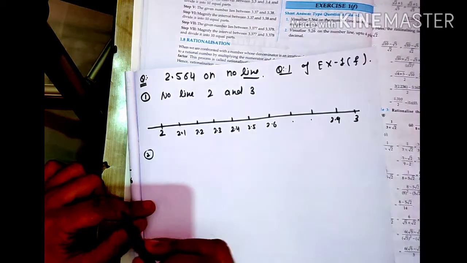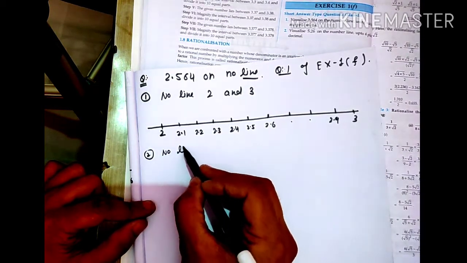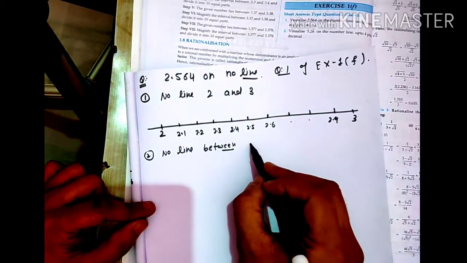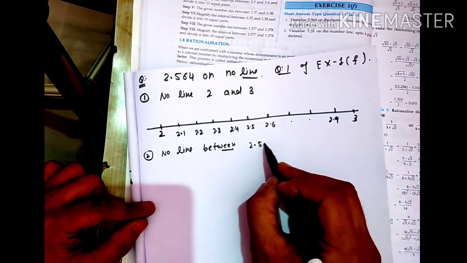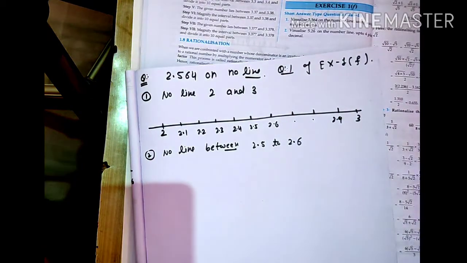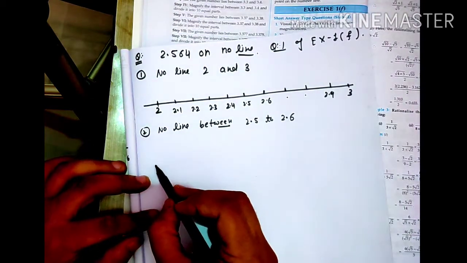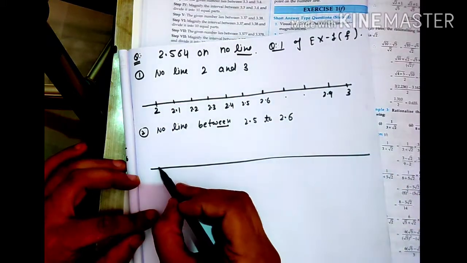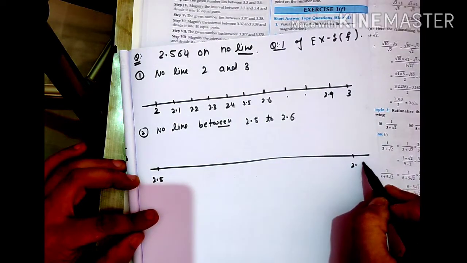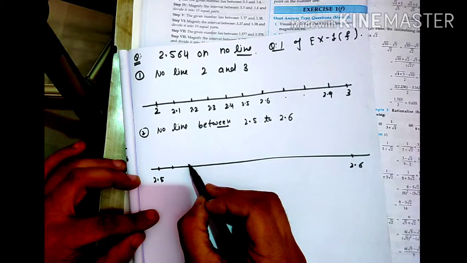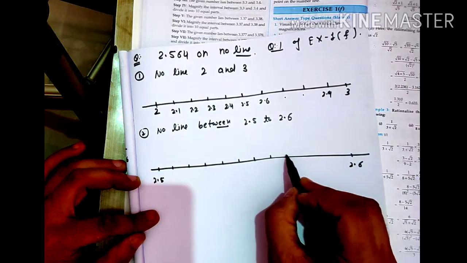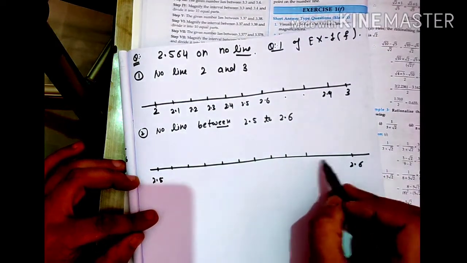Now the second step: make a number line between 2.5 and 2.6. Again make a number line, this is 2.5 and this is 2.6, with 10 equal parts.